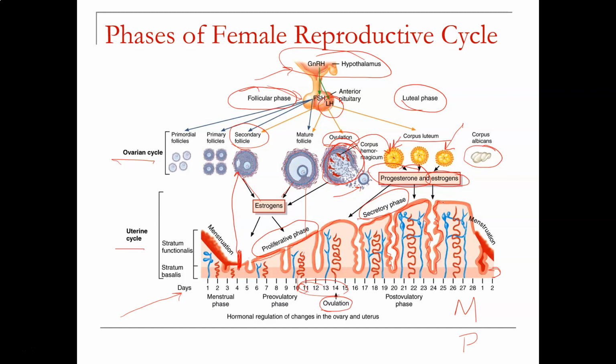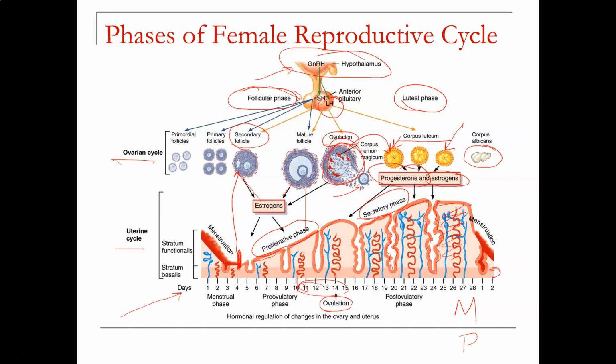And all these cells in here that built up over the course of the proliferative and now secretory phase are going to die off and slough off, meaning they're going to go into the lumen of the uterus, and there's going to be a lot of blood that goes with it because these blood vessels are going to spasm, and you get a sloughing off of this built up endometrium plus blood into the lumen of the uterus, as I said, and then down through the cervix and out the vagina.